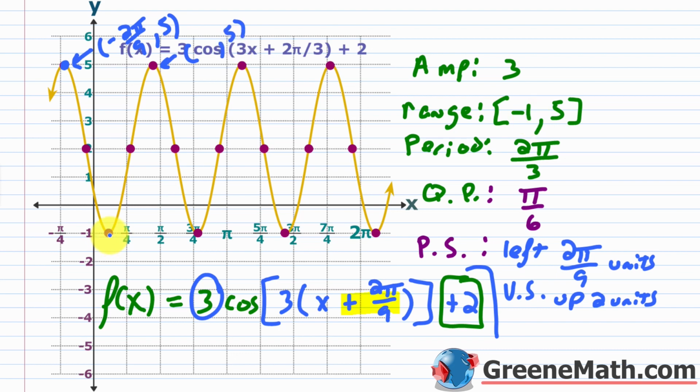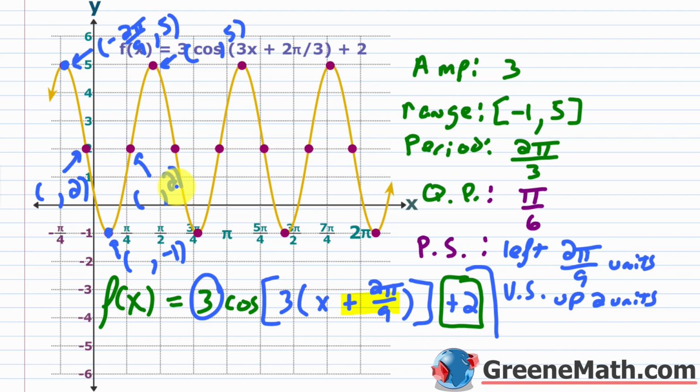We already figured that out. So that's going to be right here. Let me put a comma and then negative 1. At a quarter way through the period and 3/4 way through the period, you would have had an x-intercept. But because we have this plus 2, or this vertical shift up by 2 units, now the y-coordinate is going to be 2. Okay, so for right here, the y-coordinate is going to be 2. And for right here, the y-coordinate is going to be 2.